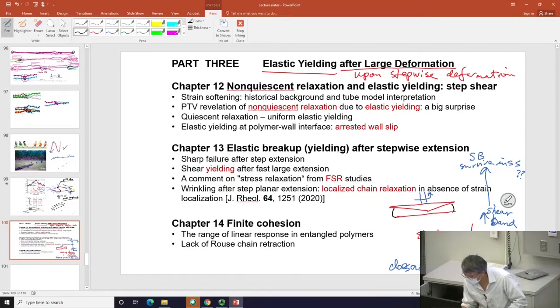So you may have to shear many units, let's say 1,000 units. Well, that's a lot. Keep shearing. And then your experiment may be terminated well before that because of edge fracture.